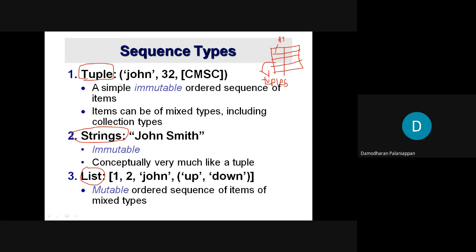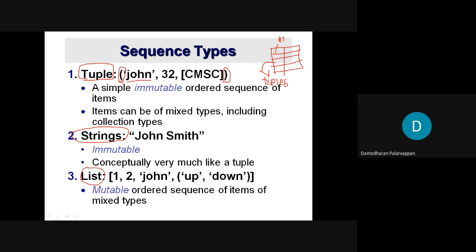In our example, we are showing that a tuple can be denoted in Python by using brackets, angle brackets. Inside the brackets, we can give the values in different data types. The first value is John, represented as a string.